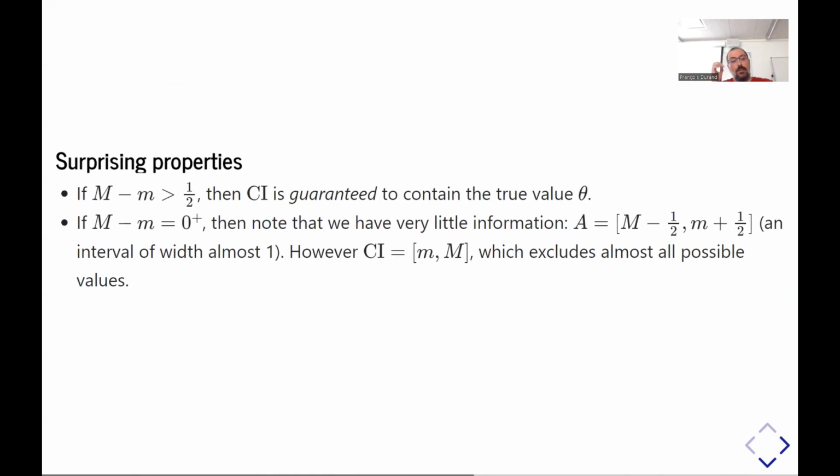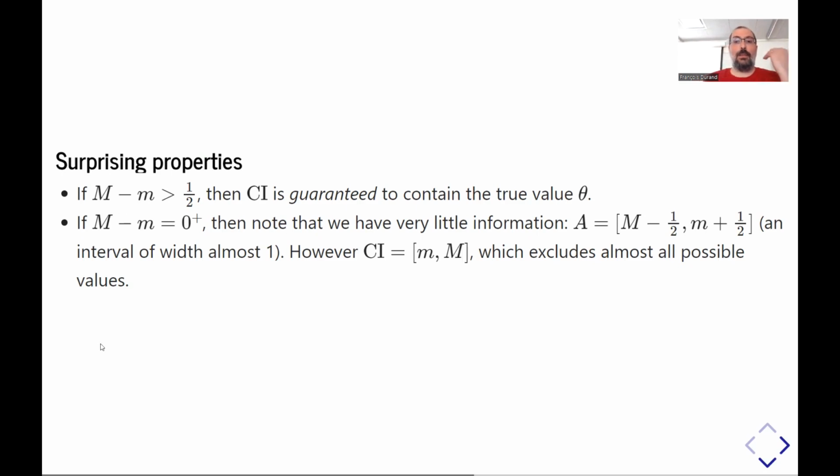Here, this confidence interval has surprising properties that are similar to my stupid confidence interval. In fact, when big M minus small m is greater than 1/2, then CI is guaranteed to contain the true value theta, and you know it because you see that big M minus small m is greater than 1/2.